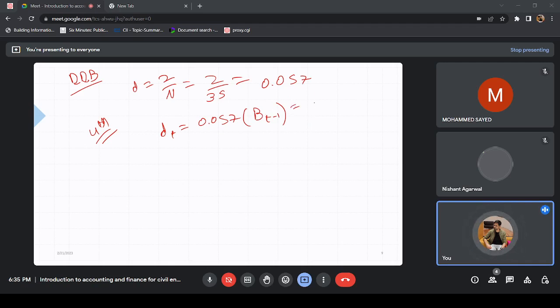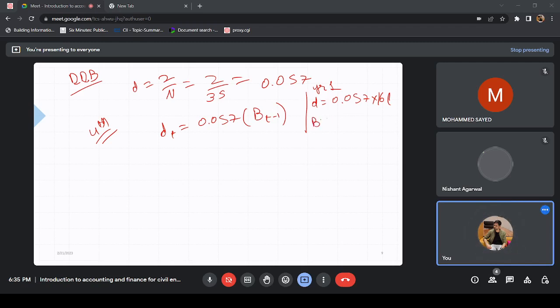So let's try to simplify it into a formula. For the first year, your depreciation would be 0.057 into 16 lakh, not 12 lakh. We do not take care of salvage value in declining balance methods, right?